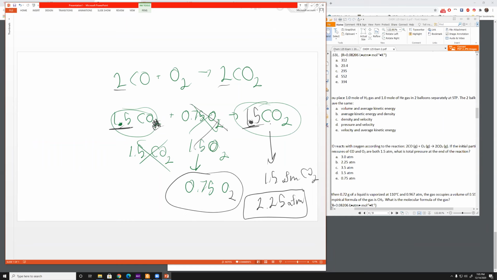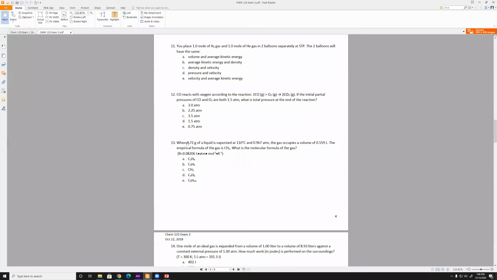So we take that 1.5, we add it to the amount of reactant that is still present after the reaction occurs, and we end up with 2.25. Does that make sense? Okay, cool. All right, moving on. That's a difficult one. Moving on.